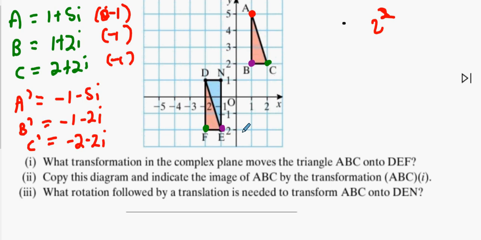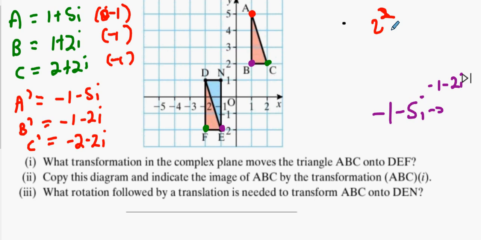Realistically, I want E to turn into N. I want F to turn into D, and then I want -1 minus 5i, I'd ideally like that to turn into 1 minus 2i. So what do I have to add on to all three of them to make that happen?